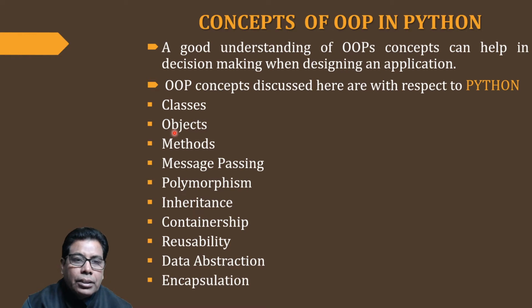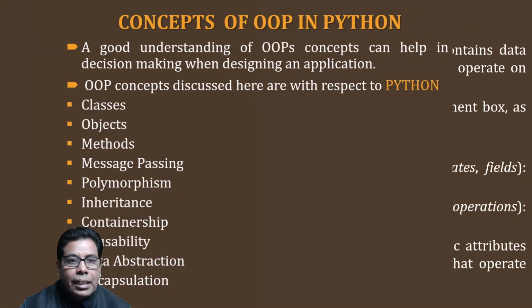So here we are going to discuss classes, objects, then methods, message passing, polymorphism, inheritance, containership, reusability, data abstraction, and encapsulation. All these concepts we are going to discuss in detail. Let us start with the classes.